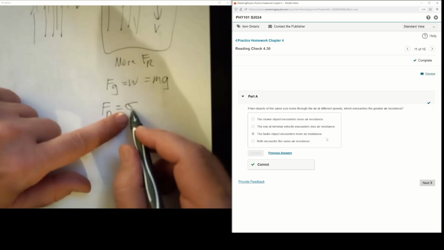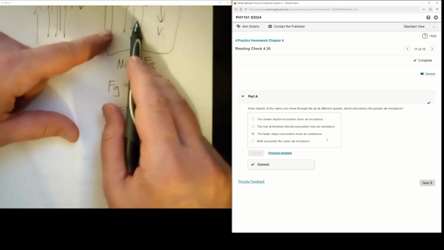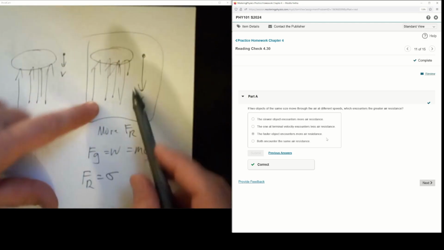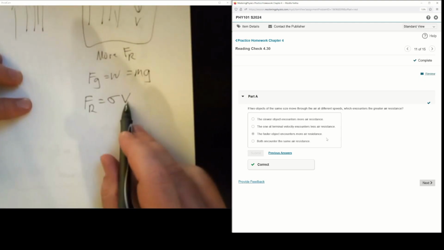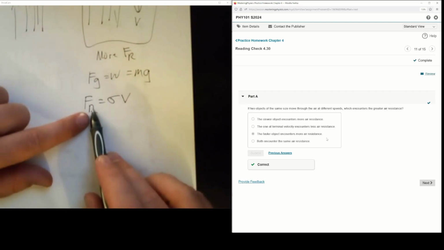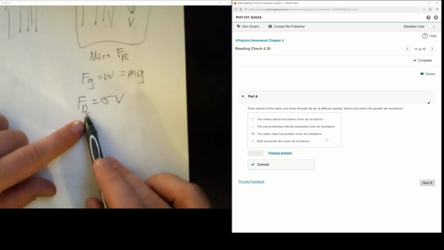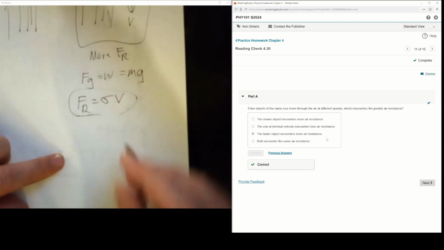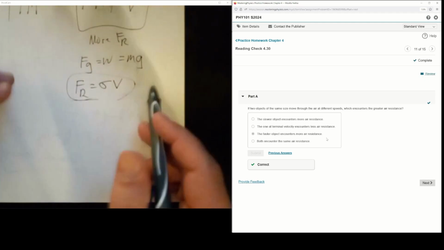Part of what goes into the sigma value also has to do with what the air is like, how many molecules are hitting and stuff. And it's times v, which is the velocity. So as your velocity increases, so does your air resistance. But this isn't in the homework or anything. I just thought I'd throw that out real fast, that's what it means to be proportional.